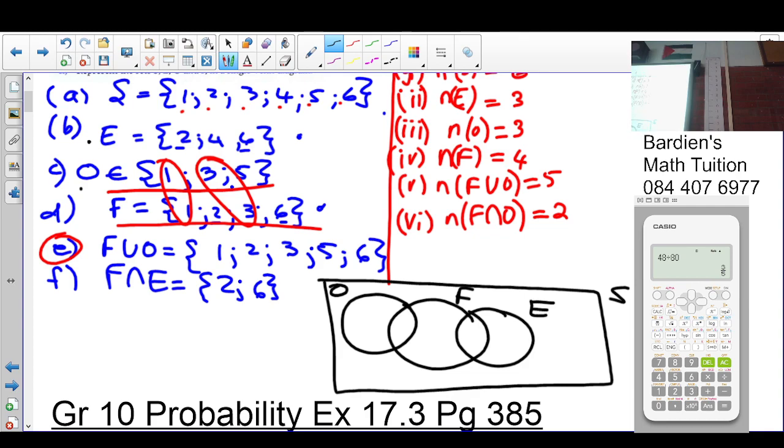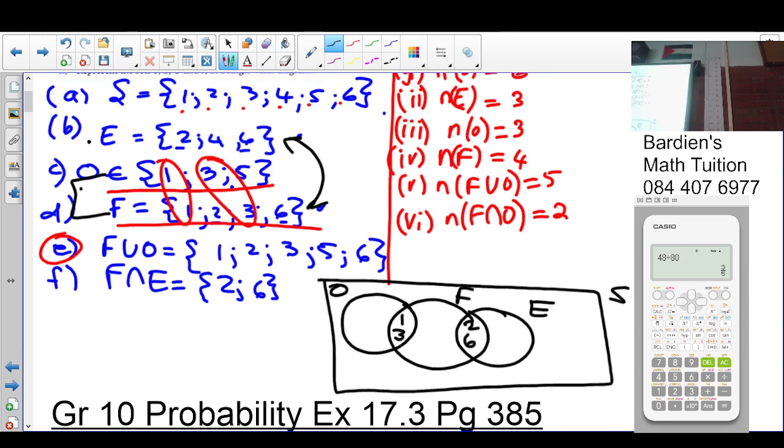Okay, so we fill in our even numbers. Our even numbers that are also factors of 6 are 2 and 6. E and F is 2 and 6. F and O, 1 and 3.